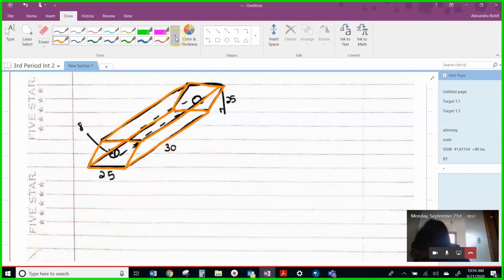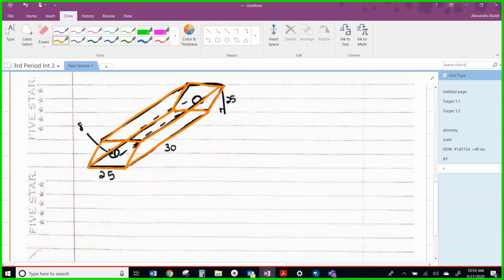And while it's slanted, thinking about Cavalieri's principle, if we remember that big word, even when they're slanted, it doesn't matter. This is like a rectangle connected to another rectangle. So this is a prism. And so our first shape there is a prism.